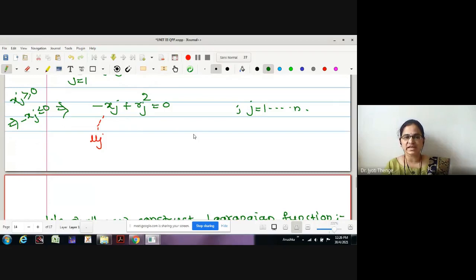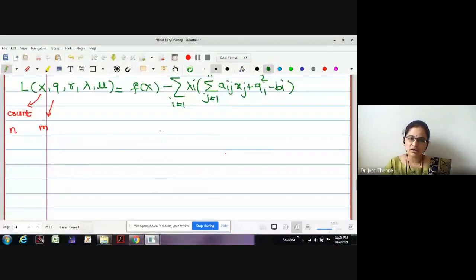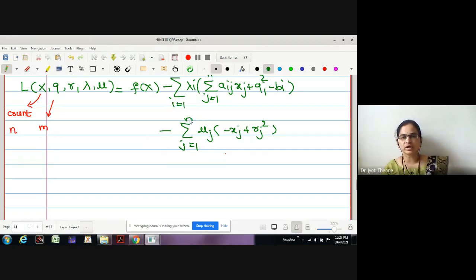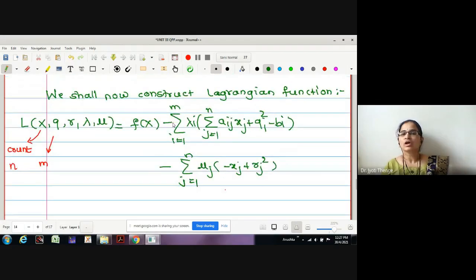Same for the second: minus xj plus rj square, with the Lagrange's multiplier mu j, for j equals 1 to n. So this is my Lagrangian function. Check if you have any difficulty in this.